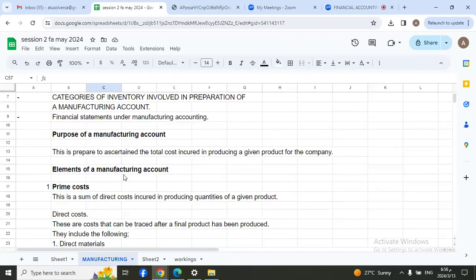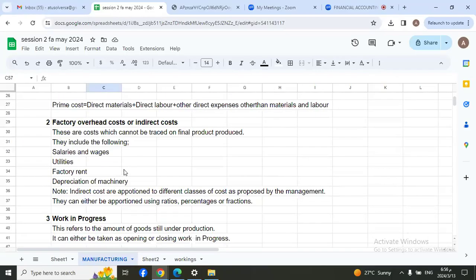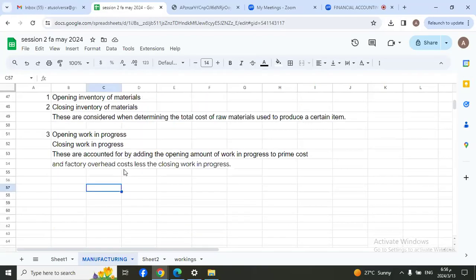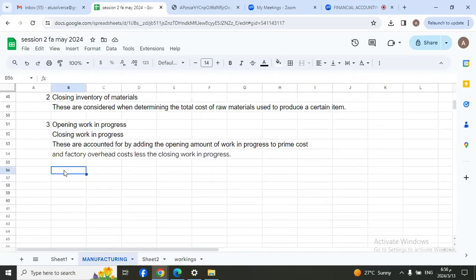So that's why I was telling you guys, some people who didn't understand financial statements, you still have a chance to get them under manufacturing account, and we still have them under non-profit organizations.